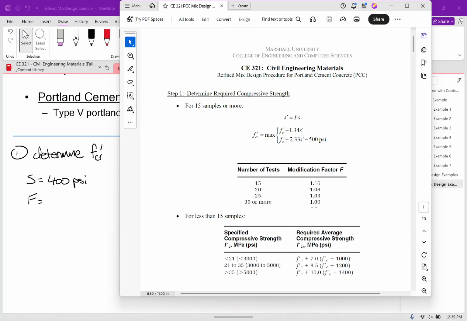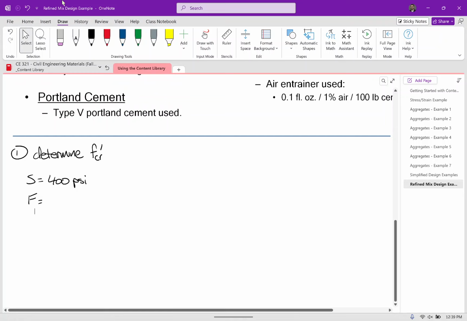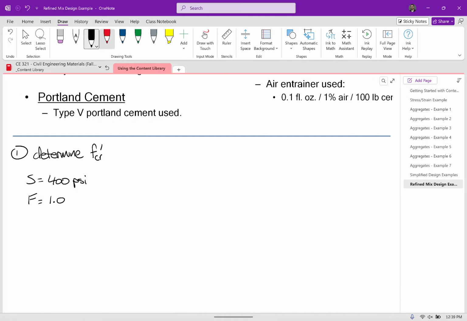So what's F? 1, right? So I'm going to hop back and forth between this PDF quite a bit. So F is 1.0. And I'll put in red my reasoning for why I'm doing what I'm doing. So S prime is going to be Fs, which is really just going to be 400 psi.